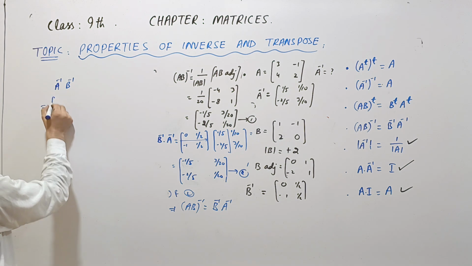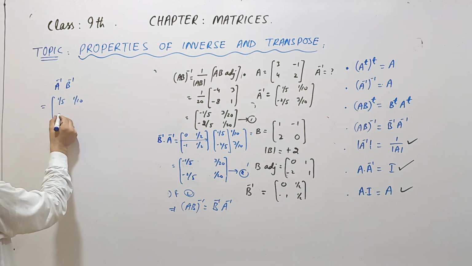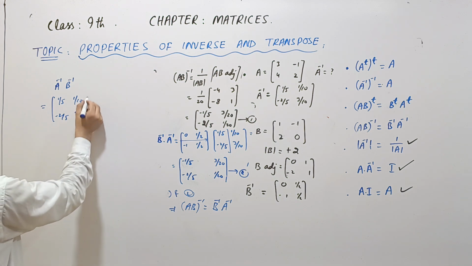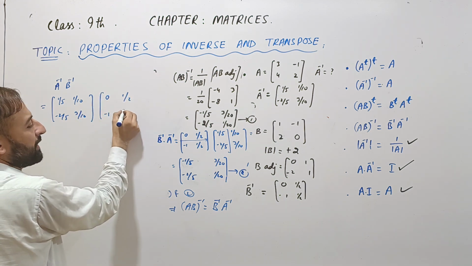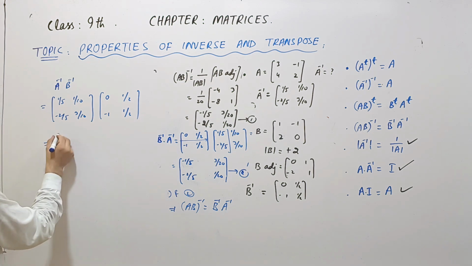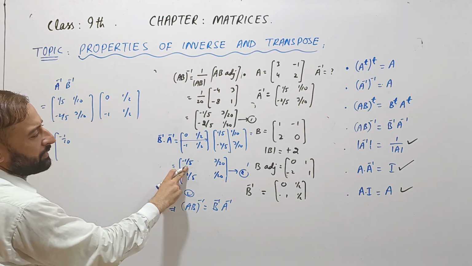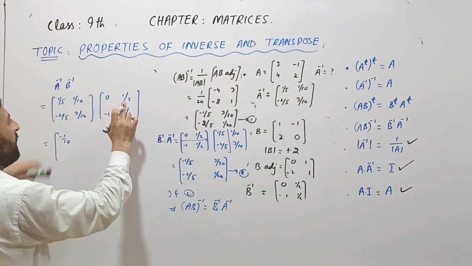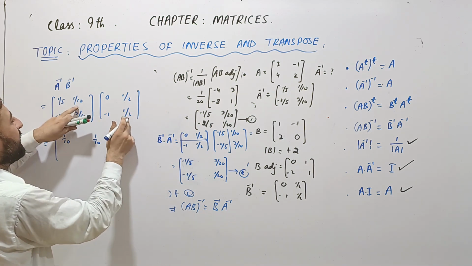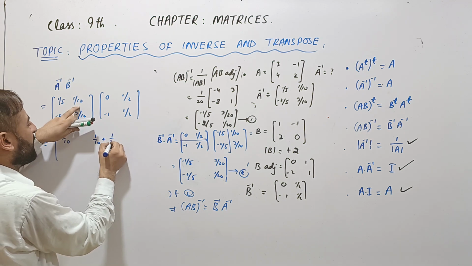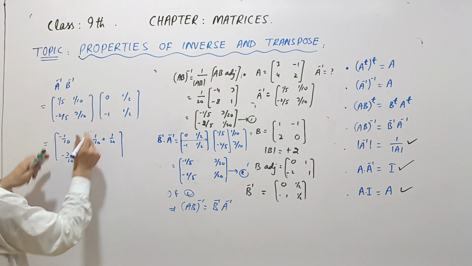A inverse is 1/5, 1 by 10, -2 by 5, 3 by 10. Students, B inverse is 0, 1 by 2, -1, 1 by 2. Multiply them, 0, it becomes -1 by 10. Clearly not equal. Multiply them, students, 1 by 10 plus 1 by 20, multiply them 0, -3 by 10.